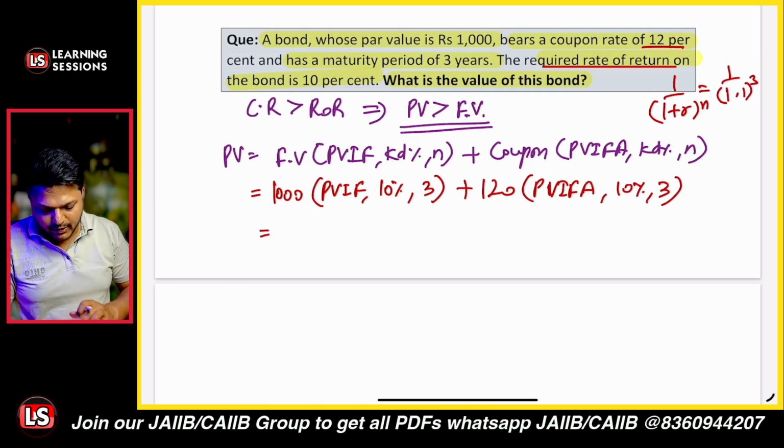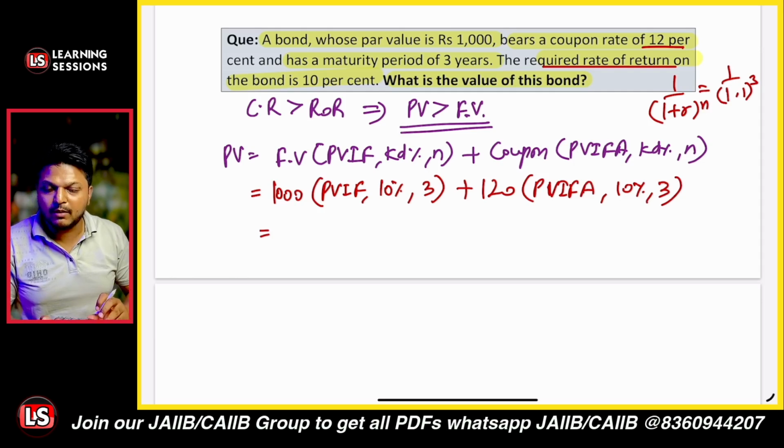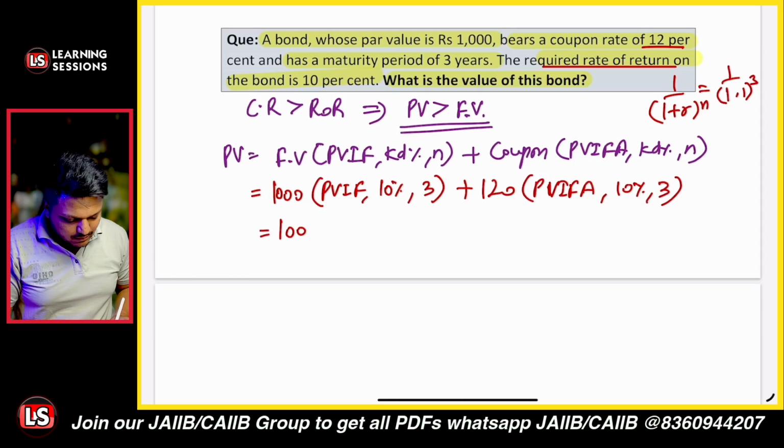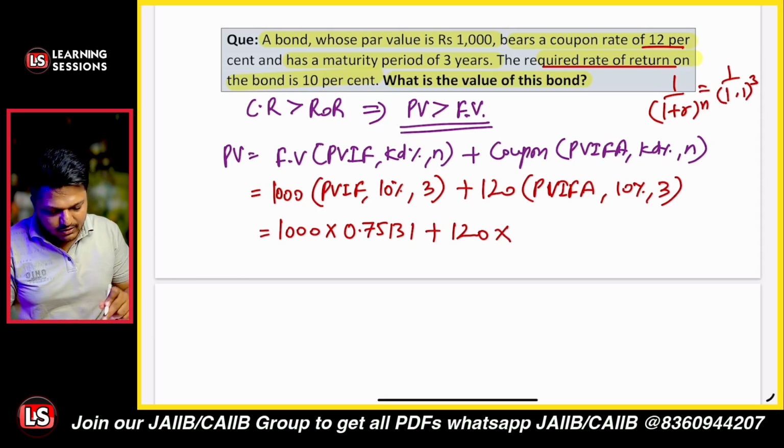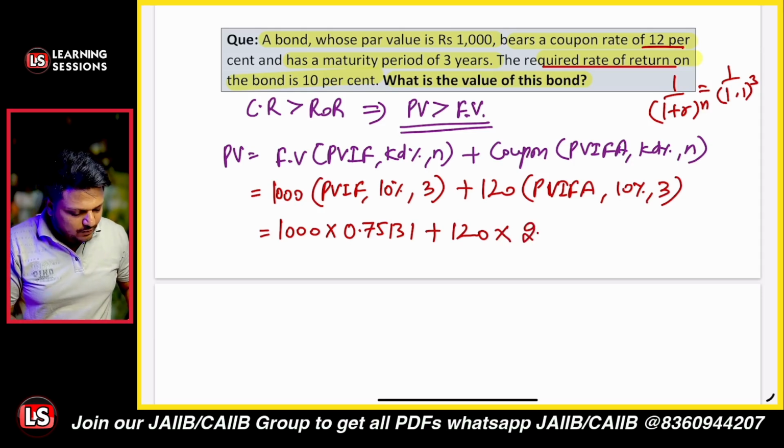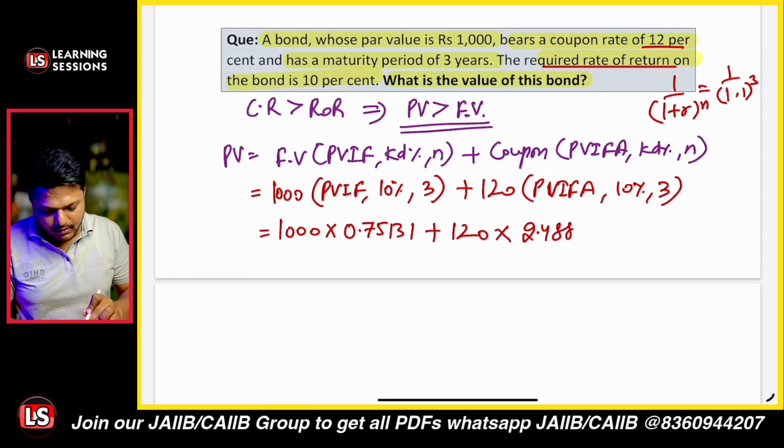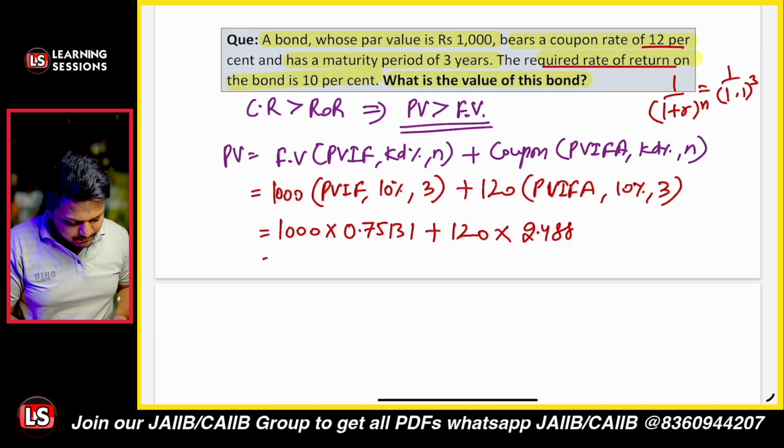So 1 divided by 1.1, raised to the power 3. Pressing the equal sign 3 times: 1, 2, 3. So it is 0.751. So 1000 multiplied by 0.75131, plus, simply pressing the GT button, 2.488 something, multiplied by 120, plus 751.31, that is 1049.